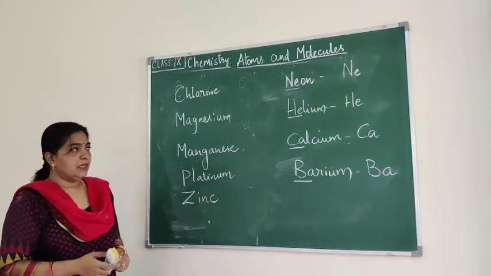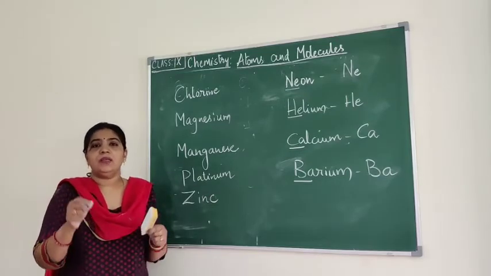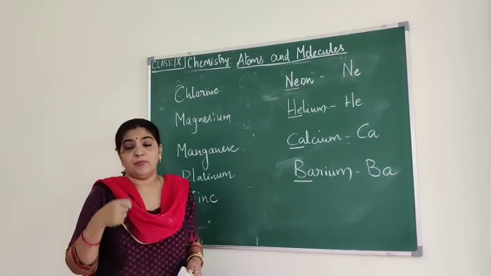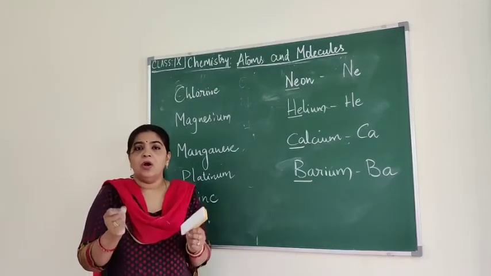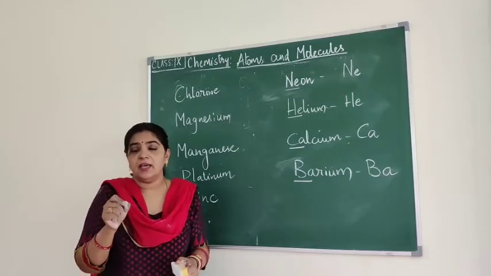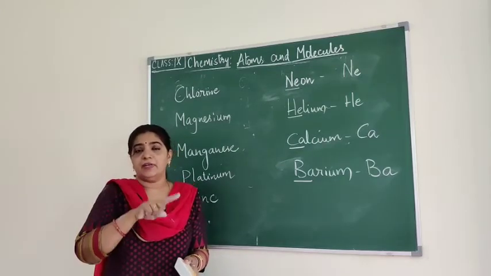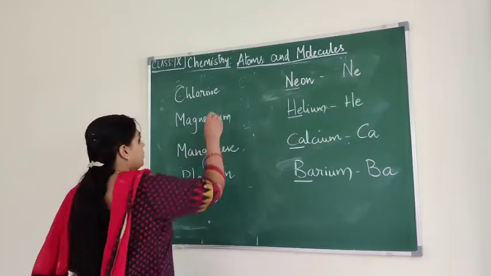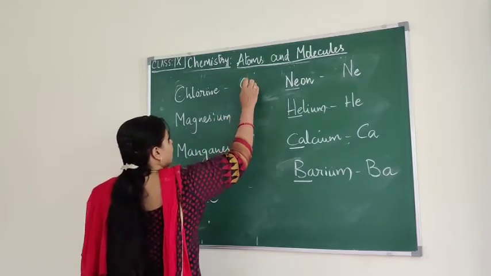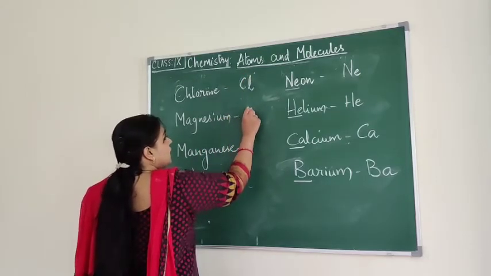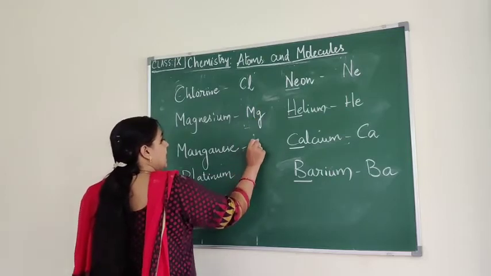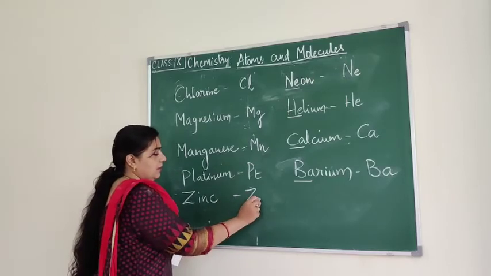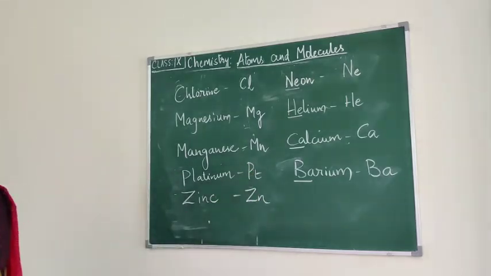When we look at these elements, we take the letter on which we are stressing when we pronounce the name of that particular element. We take the first letter as well as the letter on which we are stressing. So chlorine, we write Cl. Magnesium, Mg. Manganese, Mn. Platinum, Pt. Zinc, Zn.